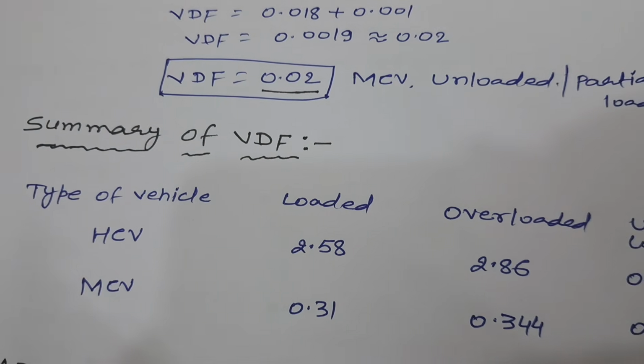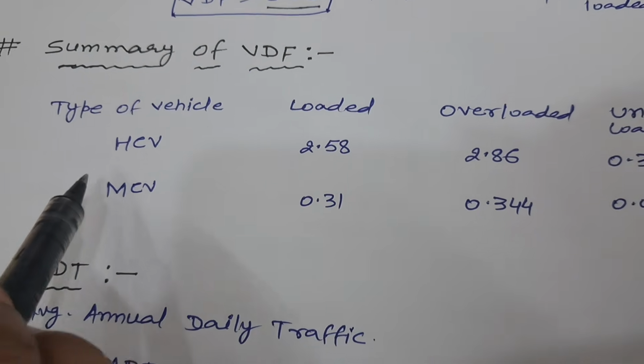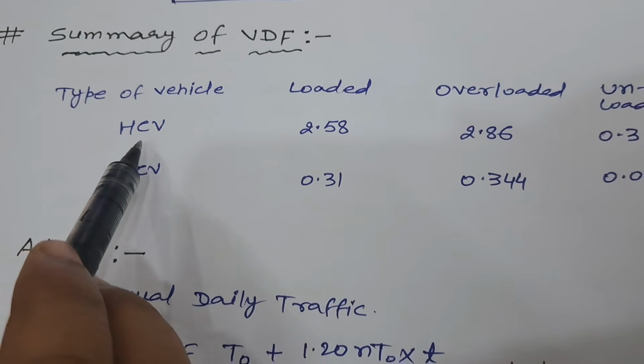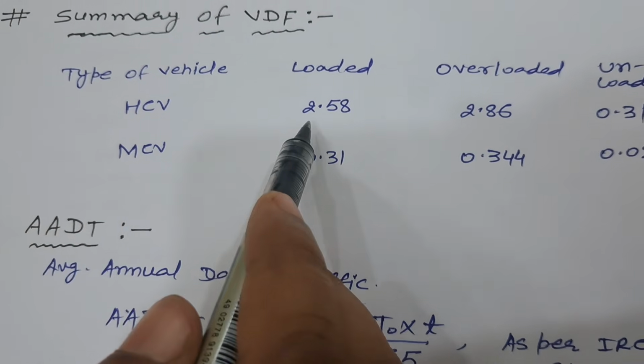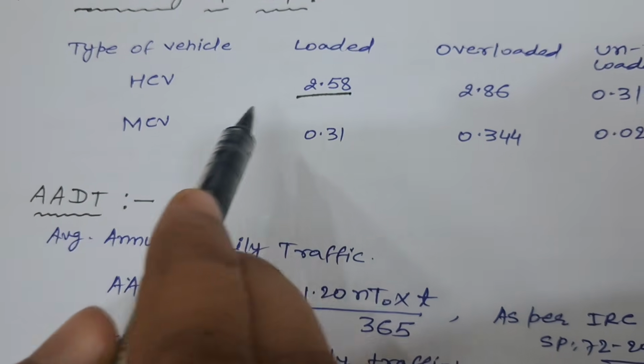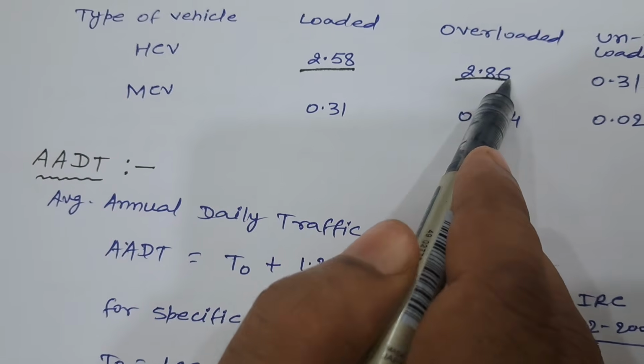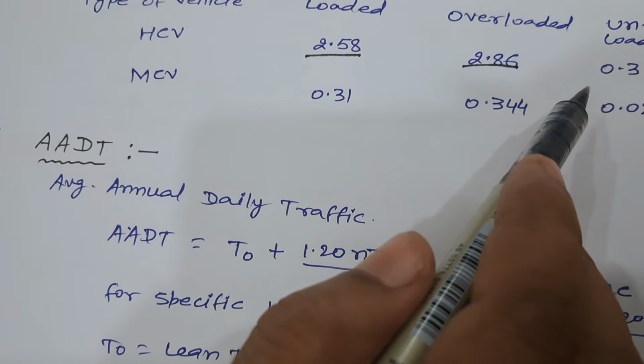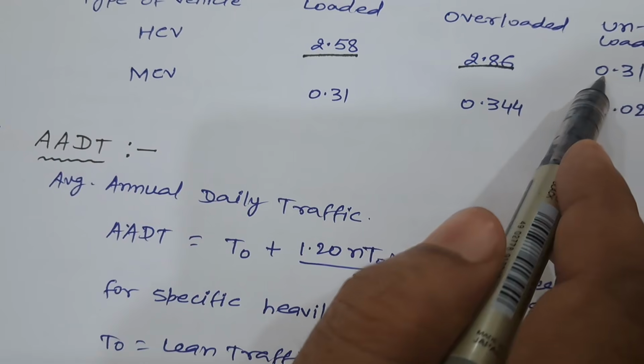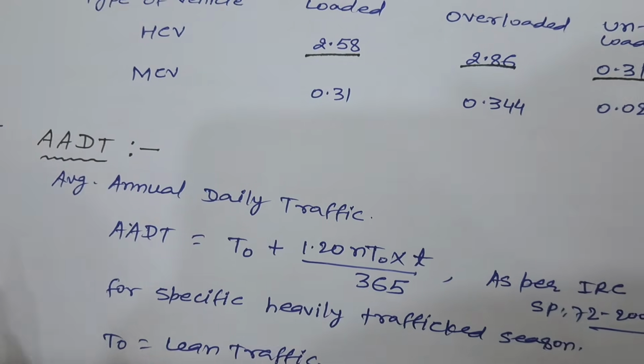So summary of VDF is, for HCV, heavy commercial vehicle loaded condition, it will be 2.58 per vehicle. For overloaded 2.86 per vehicle, and for unloaded heavy commercial vehicle 0.31 per vehicle.